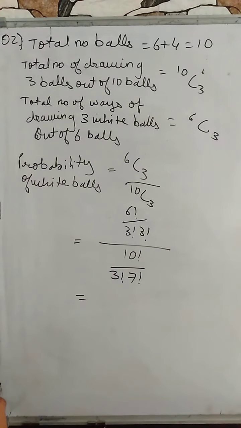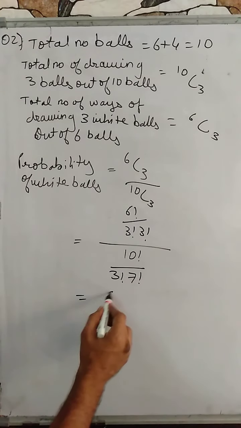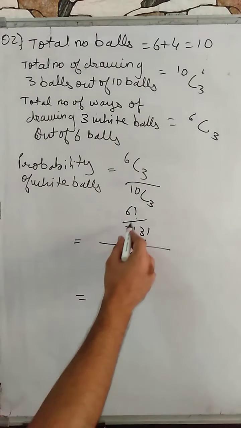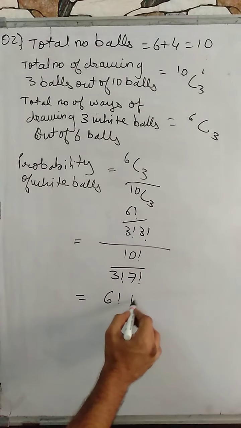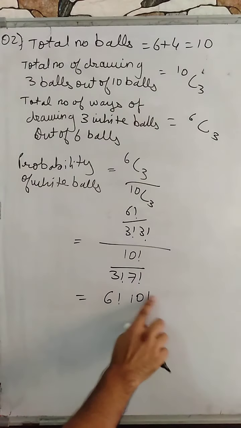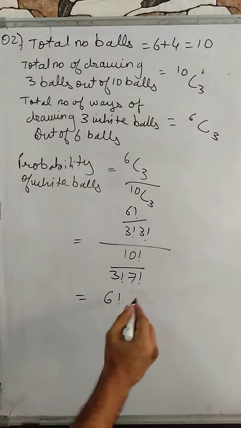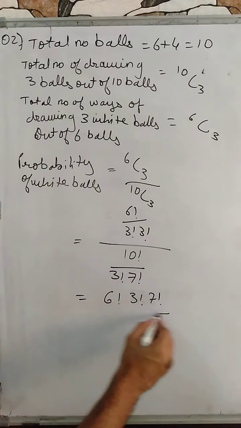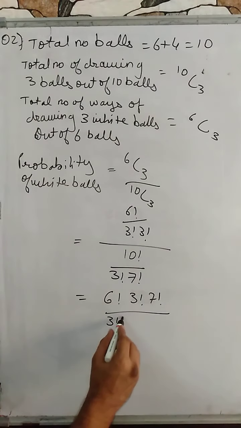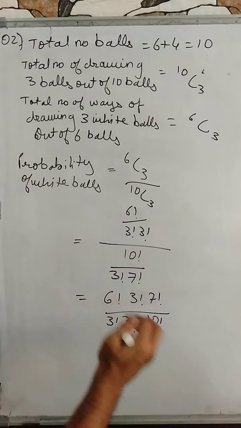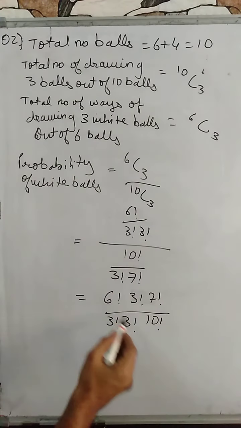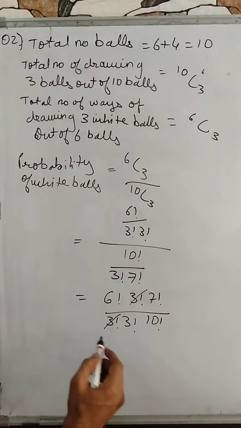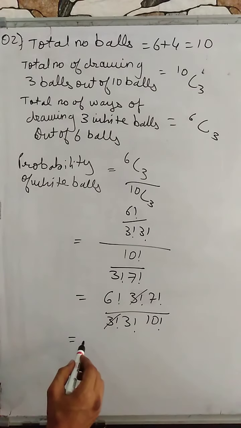Let's simplify. So the 3 factorial into 7 factorial goes to the numerator, and 10 factorial goes to the denominator. So 3 factorial cancels out, and then you can simplify this.